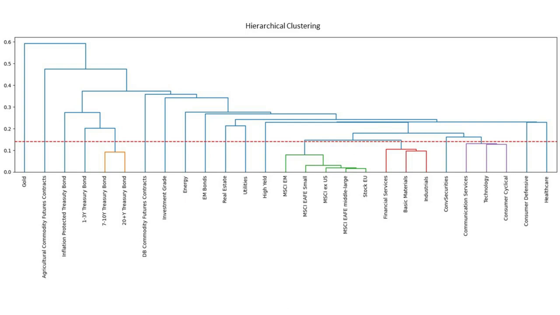The output of this methodology is represented by this dendrogram, where the y-axis shows the distance between clusters and the x-axis lists the various input series, the various ETFs. You can notice, for example, how short the distance is between MSCI Europe and MSCI Europe, Asia and Far East.